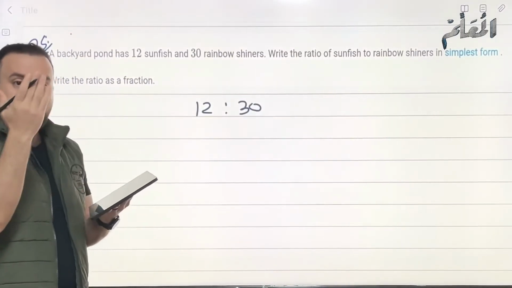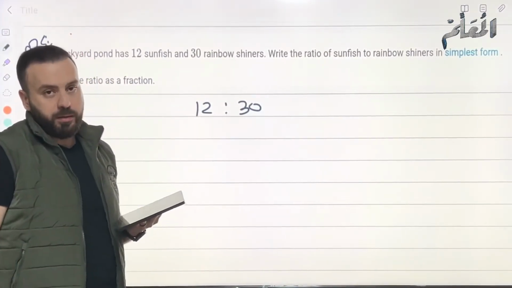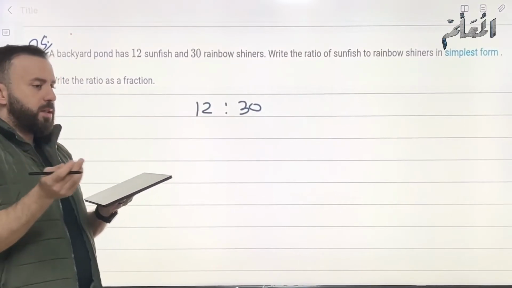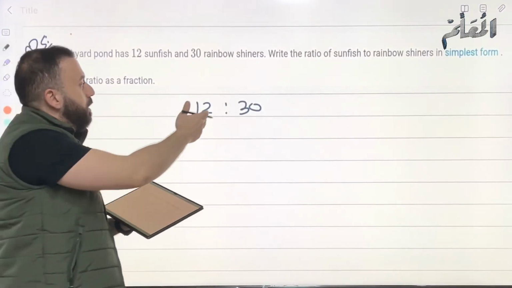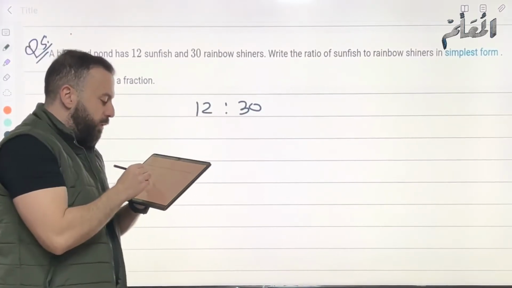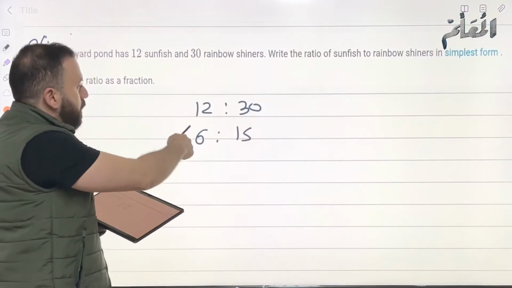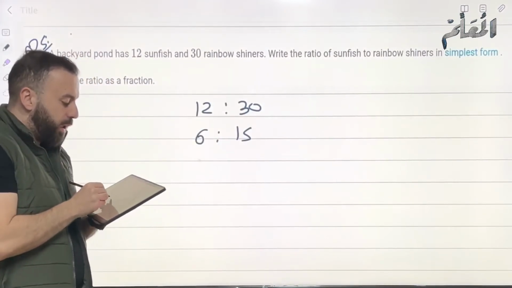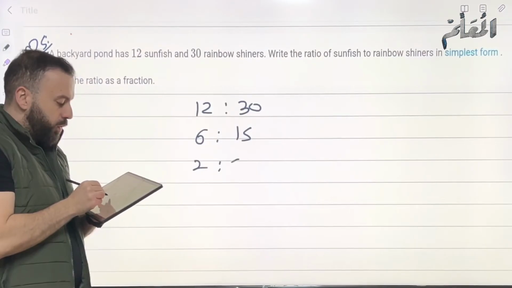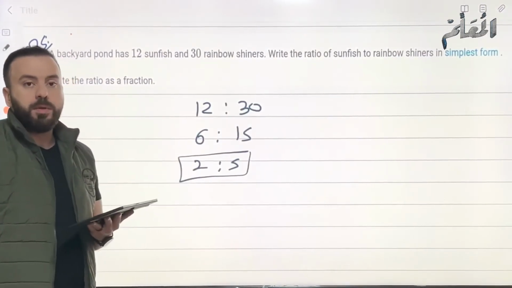That's the ratio. Simplify it. What is the common factor between 12 and 30? I'm going to simplify it slowly with you. Divide by 2, divide by 2, that's going to be 6 to 15. Divide by 3, divide by 3, that's going to be 2 to 5.